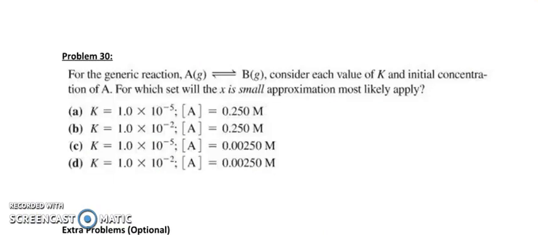So problem number 30, for a generic equation, here you go. Consider the value K and the initial concentration of A. In which set will the x is small approximation likely to apply? Let me reword this question. When will the simplification work? That's the same thing as saying x is small. So pause this, come up with a good answer, and let's see what we come up with.